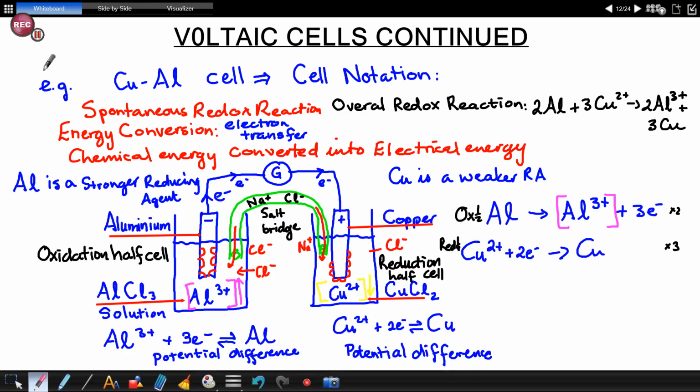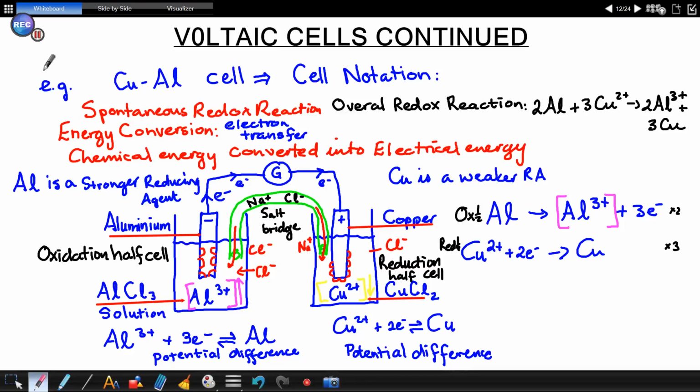Yes. The faster the electrons flow from the oxidation half cell to the reduction half cell, the higher the voltage supplied would be.